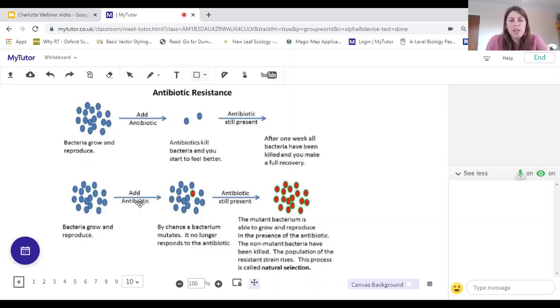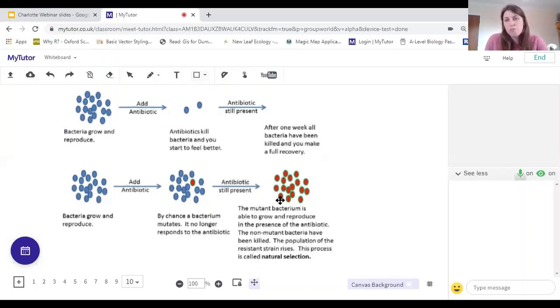But if you add the antibiotic and by chance a bacterium has mutated and doesn't respond to the antibiotic, even if the antibiotic kills all the others, that mutant bacterium can grow and reproduce in the presence of the antibiotic.